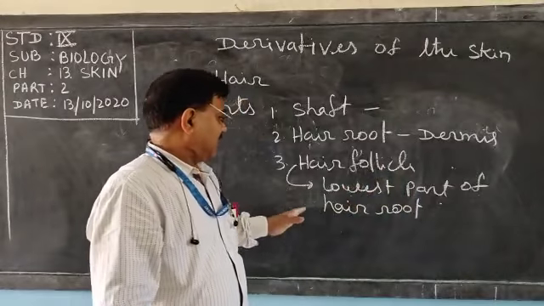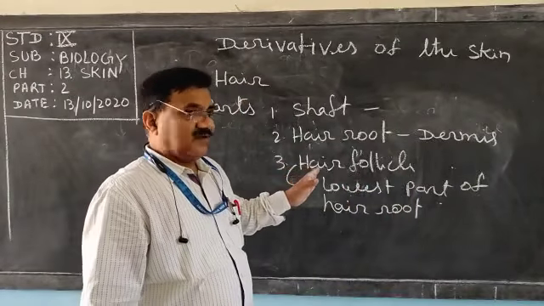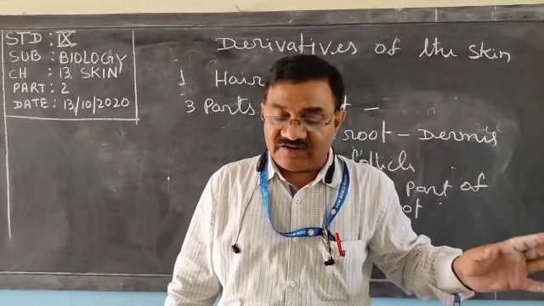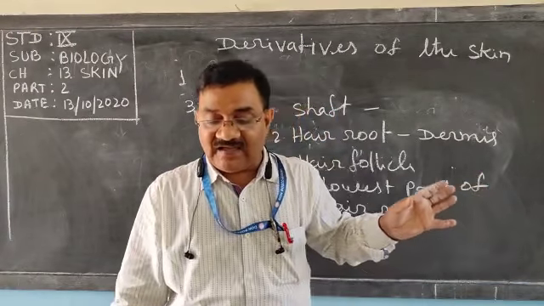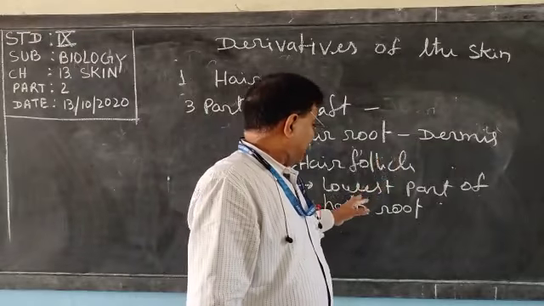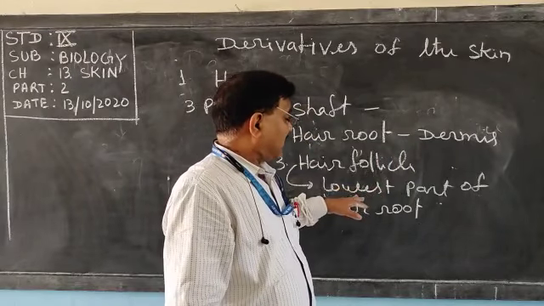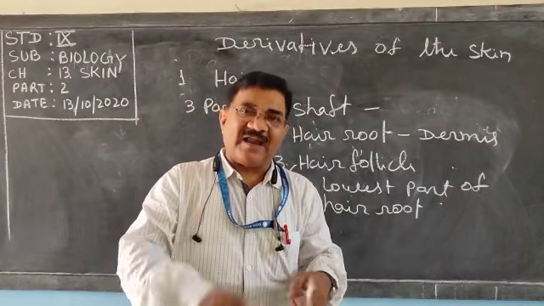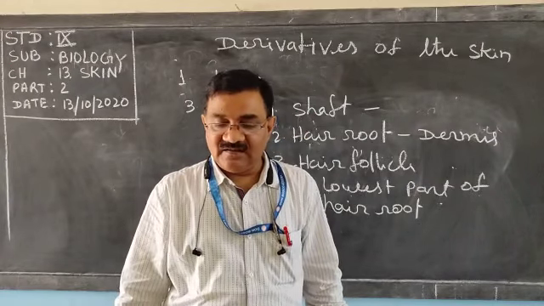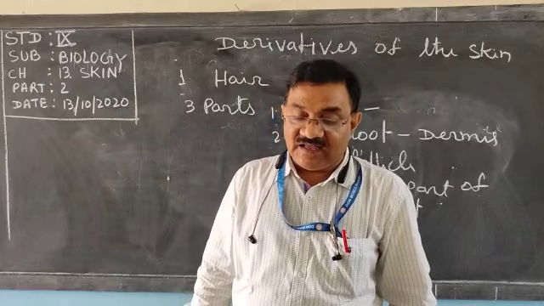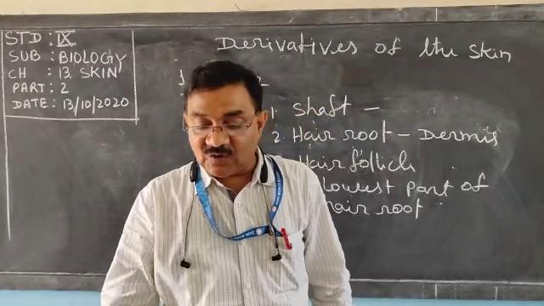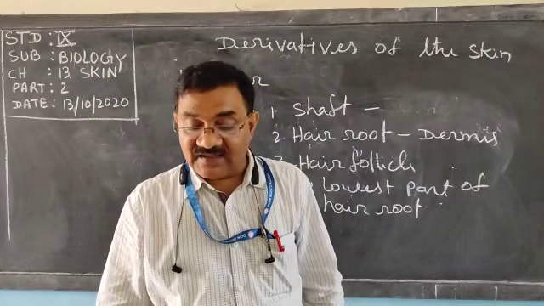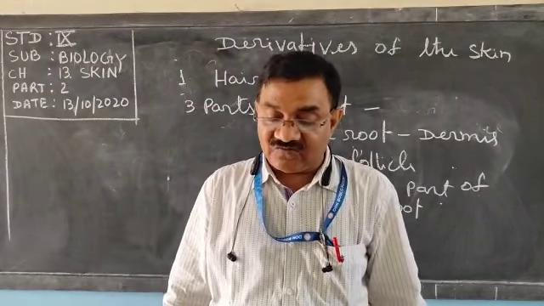Now, the hair follicle, as I have told you, contains a projection of the dermis called hair papilla, and that papilla is supplied with blood vessels. The hair follicle is a structure enclosing the hair root, composed of epithelial and connective tissue.